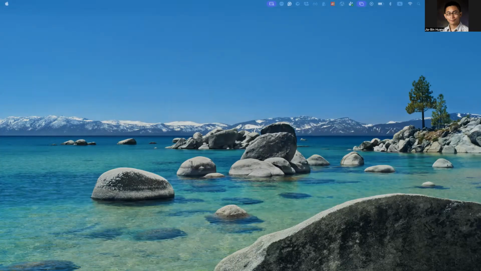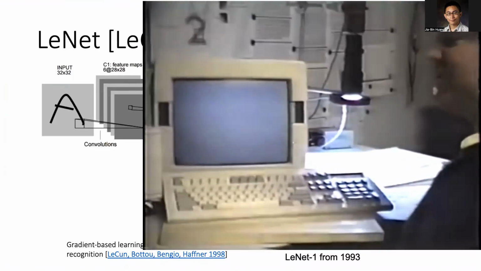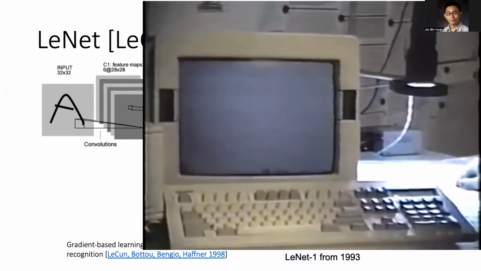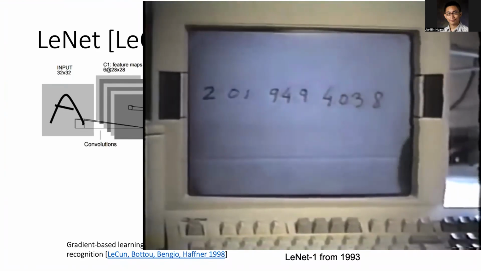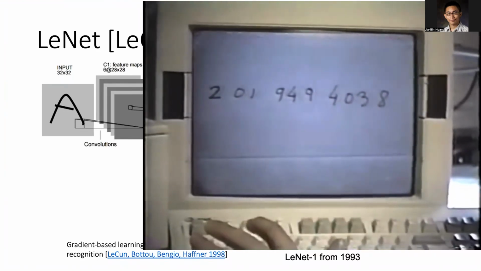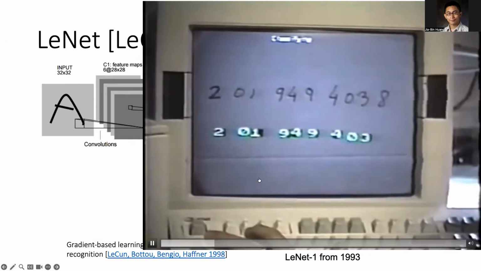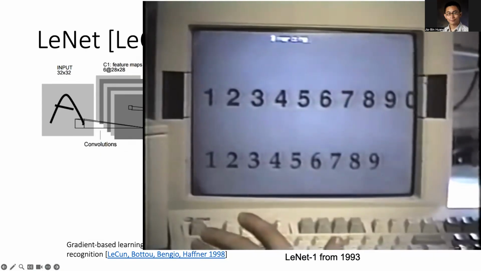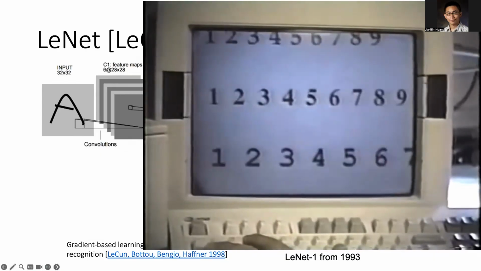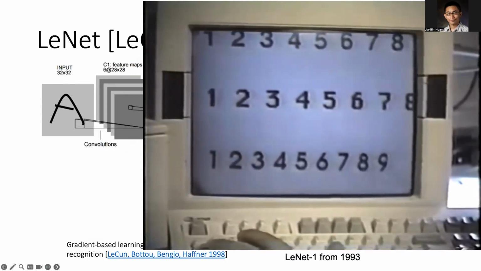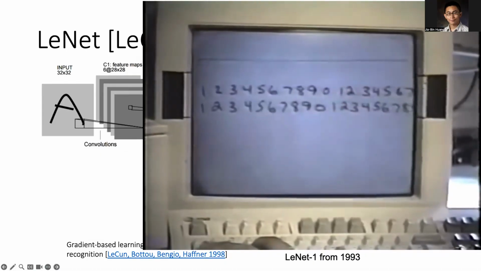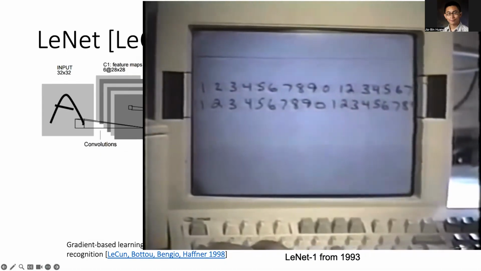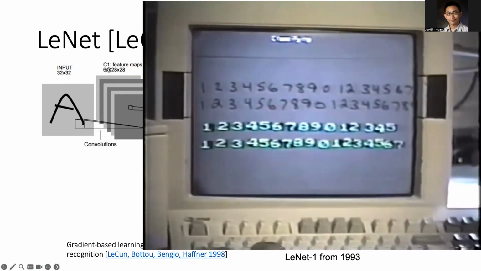This is Yann LeCun when he was young. By the way, this is 1993, a very old computer, but at that time it could do real-time digit recognition. They look at these digits, and you use convolutional neural networks to train and recognize the digits in the images.